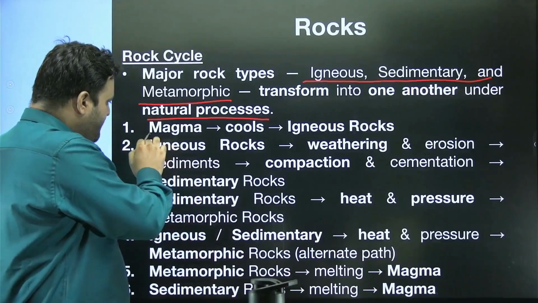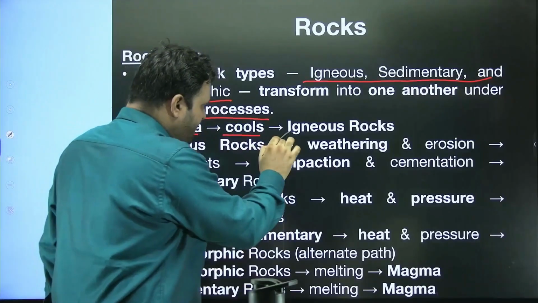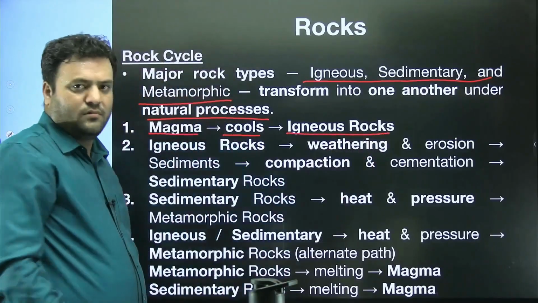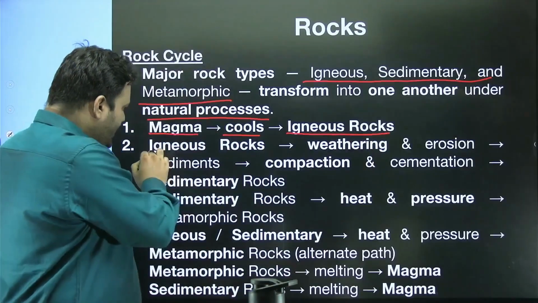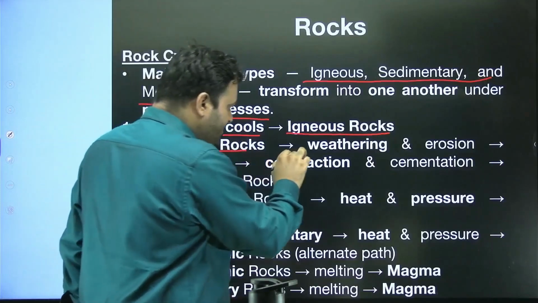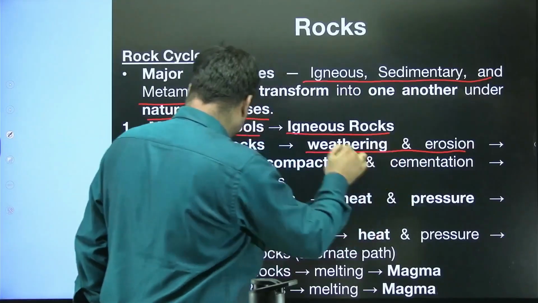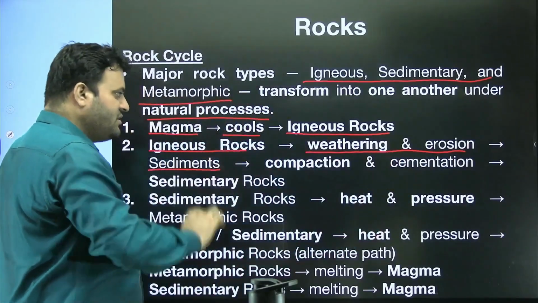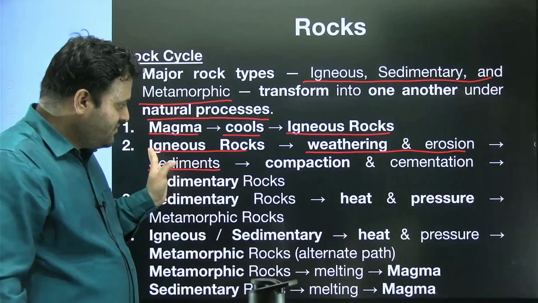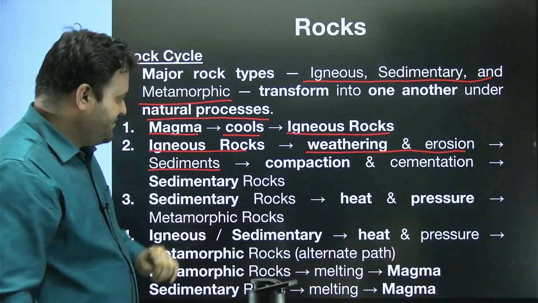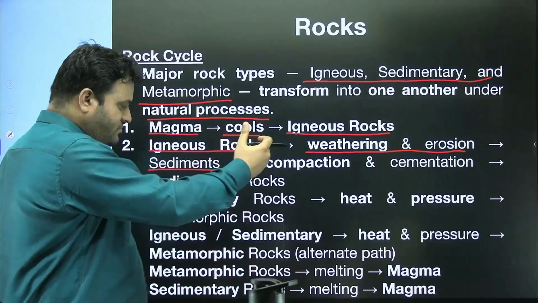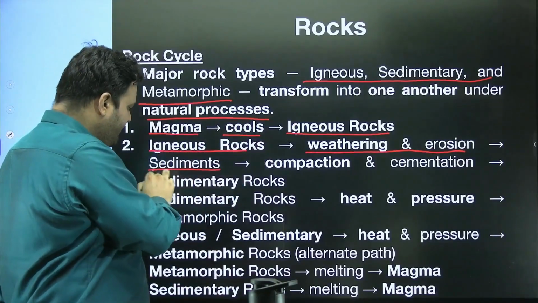So when there is magma, if this magma cools, there will be igneous rock. If this igneous rock is subjected to weathering and erosion, there would be the formation of sedimentary rock. After weathering and erosion, we have loose sediments.